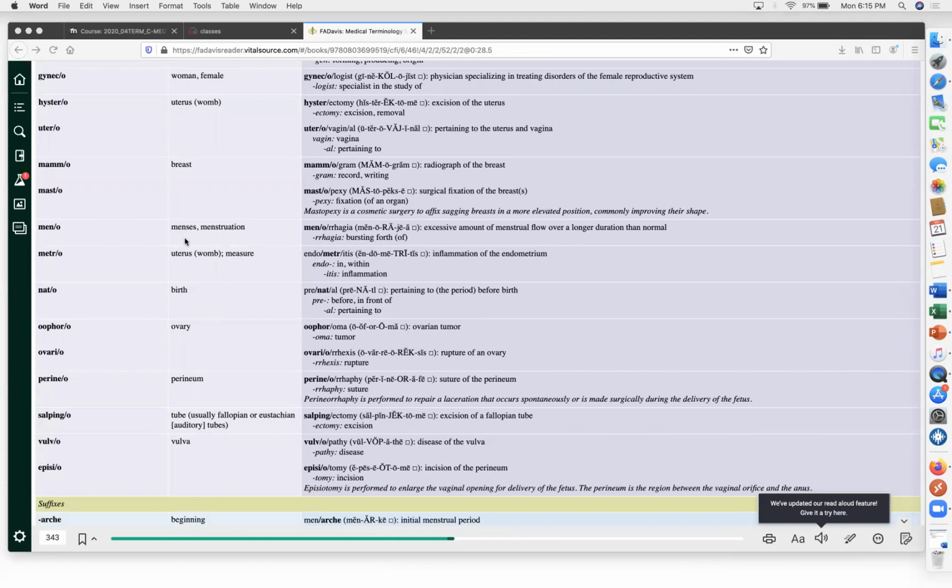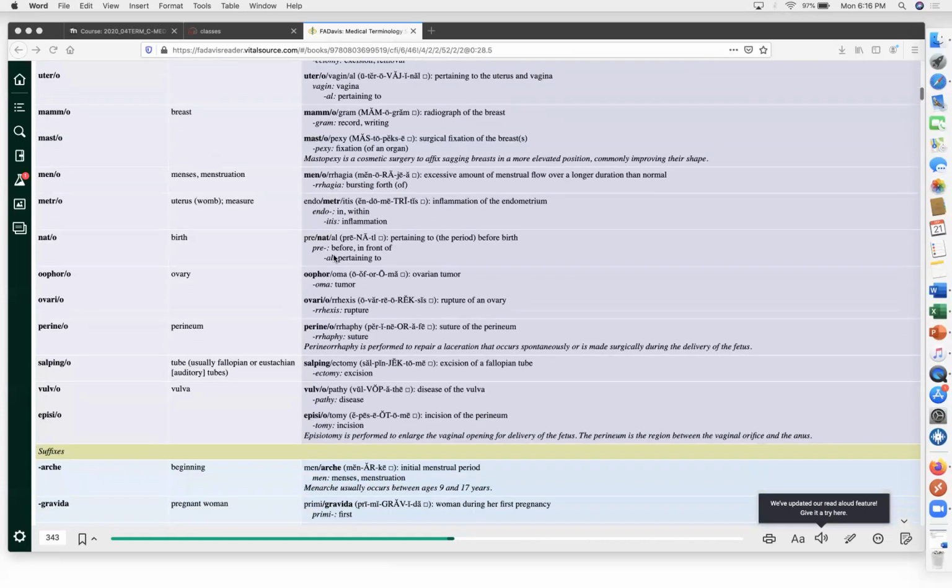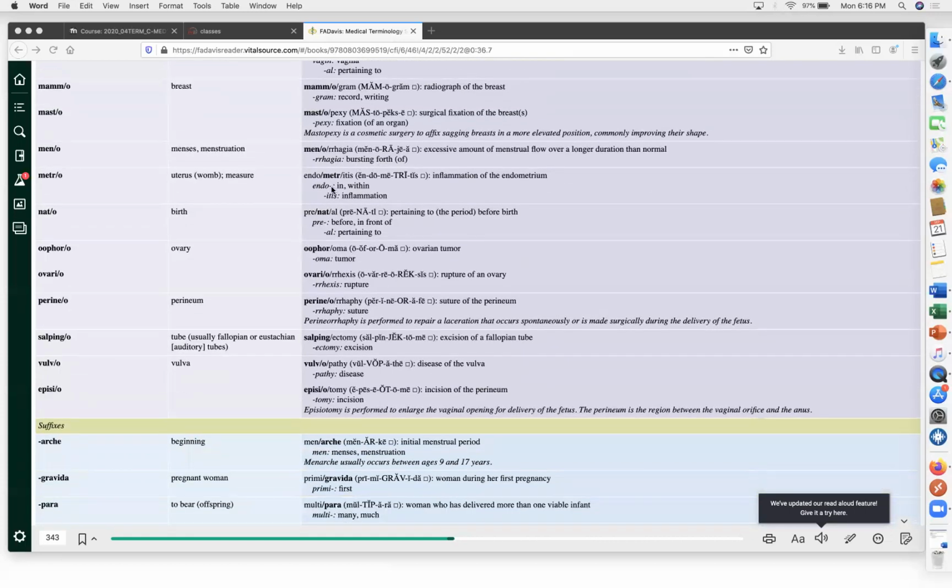Menorrhagia, menses means month, your monthly menstrual cycle, and menorrhagia means my patient's having an excessive menstrual cycle, bursting forth. It's almost to the point of hemorrhage, which is the origin of this word. Endometritis, itis, inflammation and infection of endo, within the womb.